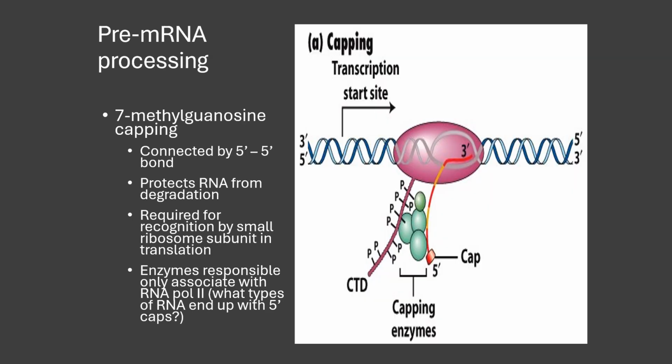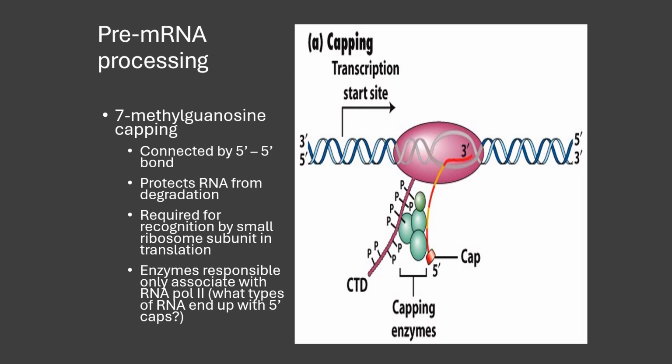So the cap, a 7-methylguanosine cap, it's unusual. It's connected by a 5' to 5' covalent bond in the mRNA molecule. One of its functions is it protects the mRNA from degradation. So mRNA molecules that do not have this cap are pretty quickly degraded in the cytosol. And this cap is also required for ribosomal recognition of the RNA.